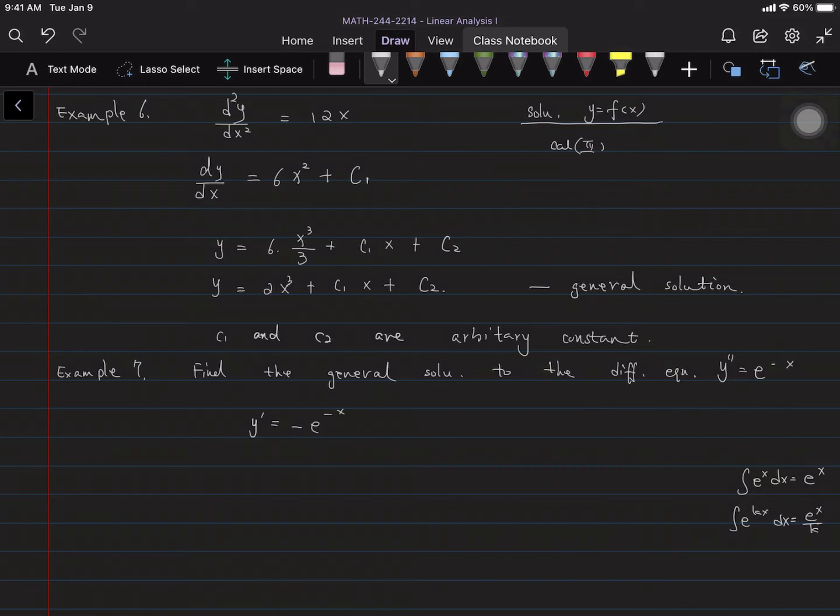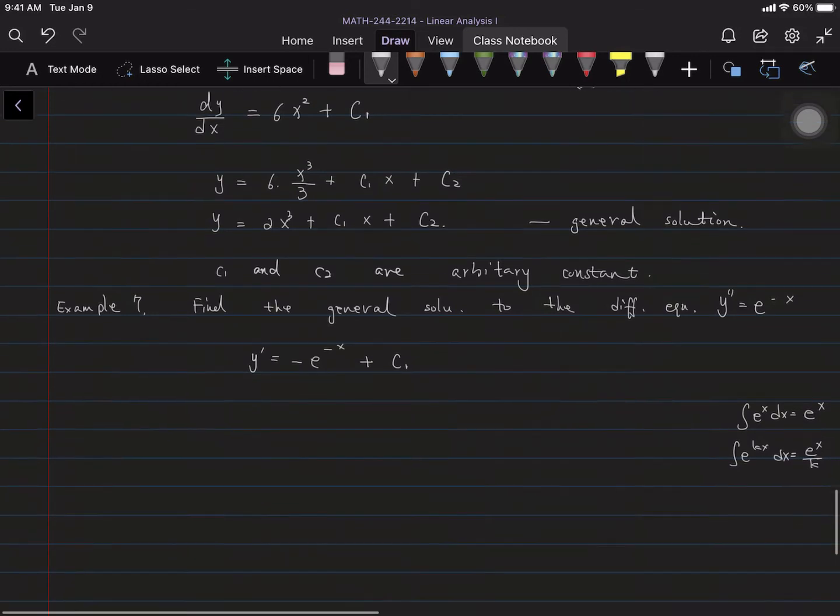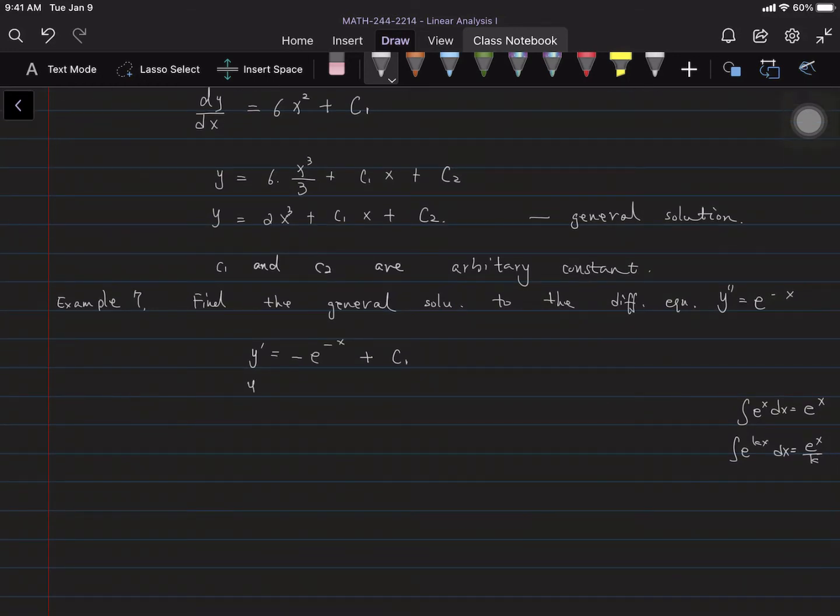And for the general solution, we need an arbitrary constant. So here we add c1. Next step, we perform another integration, and e to the negative x, the negative x becomes positive x, right? And positive 1, c1x, and plus c2. So this is the general solution.